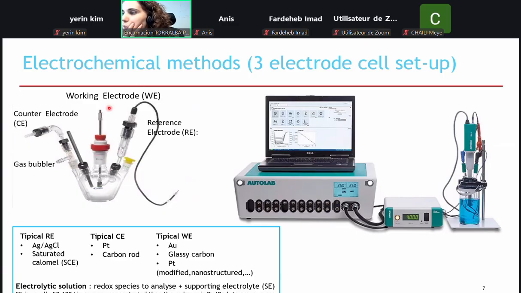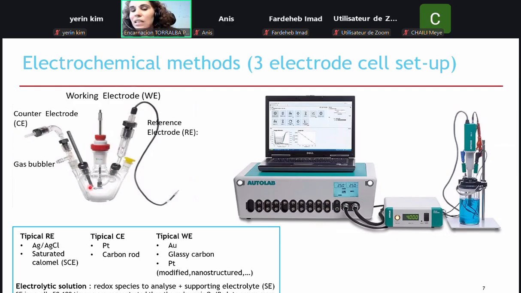You can imagine it allows the current to pass here, but Anis said that this is inert. It's true. We use an electrode that is inert, but this does not mean that there is no reaction. If there is no reaction at the counter electrode, then there is no current.